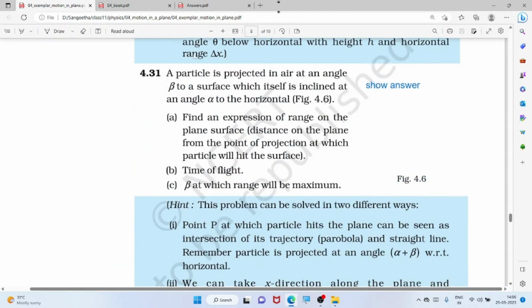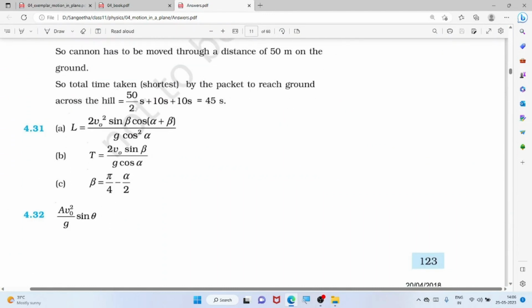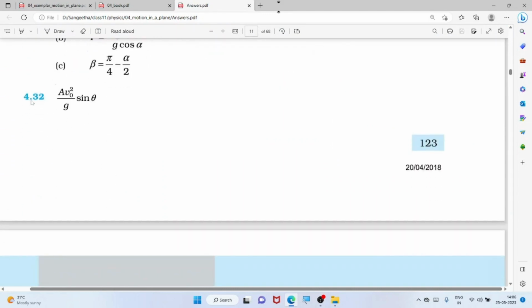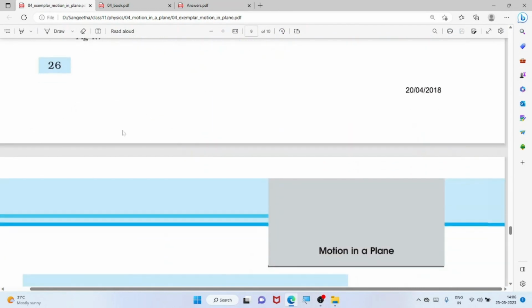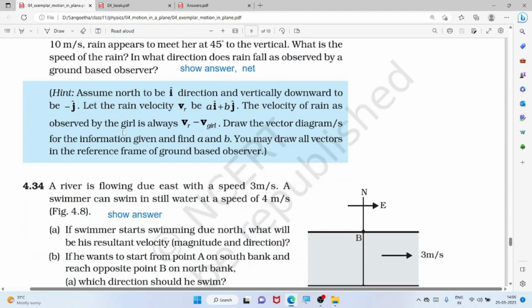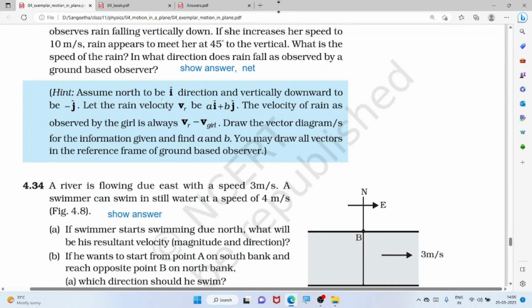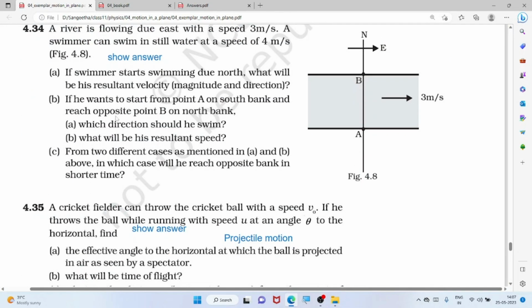All the answers are given for this. You can go through it, and from the net also you can see the answers.